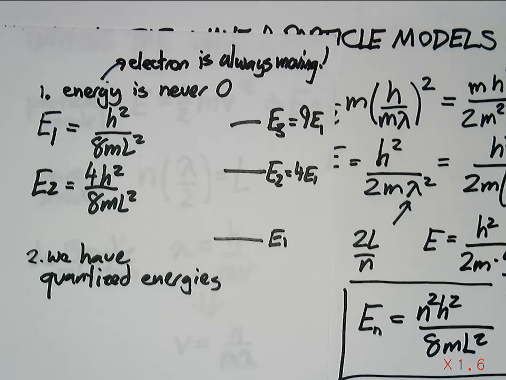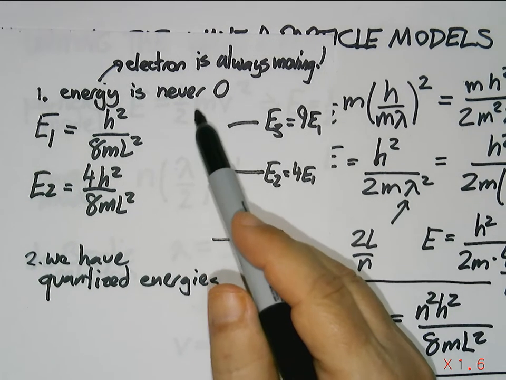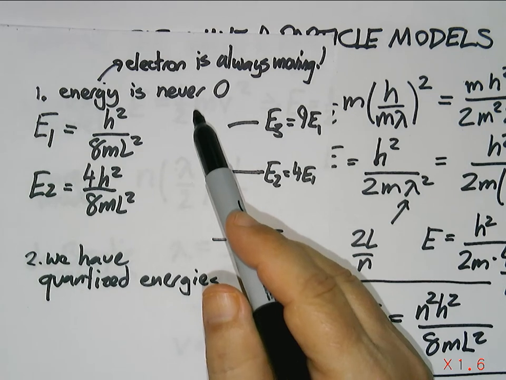Now, if that's true in an atom as well as on the wire here, that would resolve the collapsing atom paradox, because we could say the electron is never going to be captured by the nucleus. So that's a big payoff of this quantum mechanical treatment. We resolved the collapsing atom paradox right there.